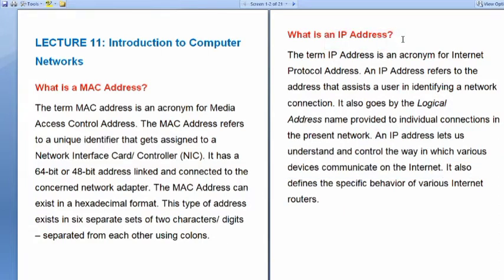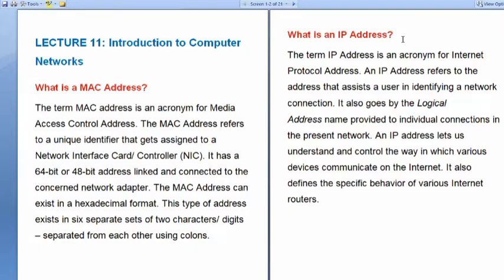Let us take an example. Let's say you are sending a message to your friend who is sitting in, suppose, Delhi. If you have sent a mail from your computer, the mail is being sent to the internet, and while sending it you gave the mail ID, right? From the mail ID it will try to locate which IP address this mail ID belongs to.